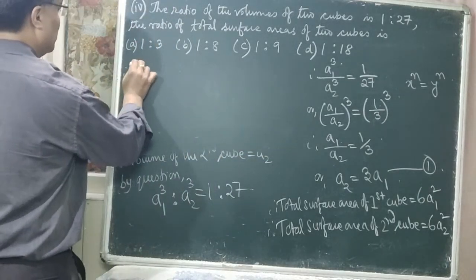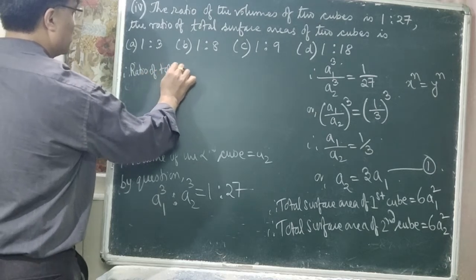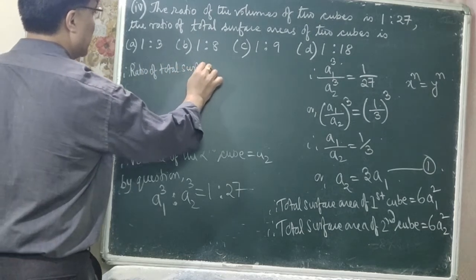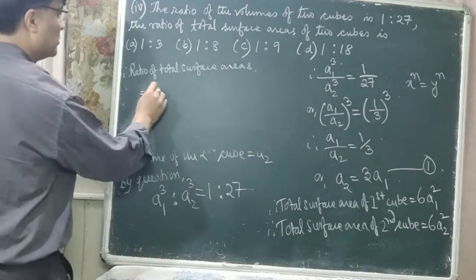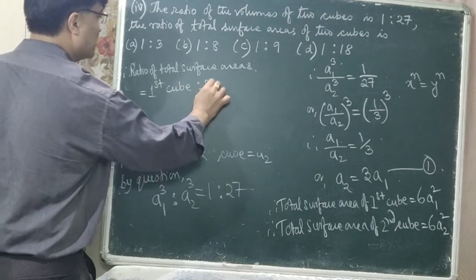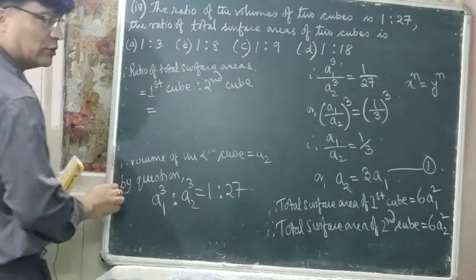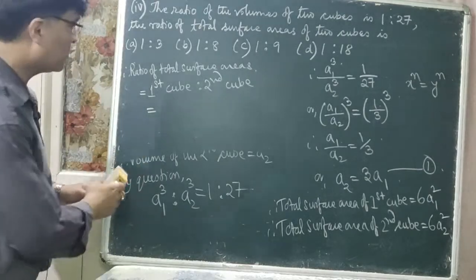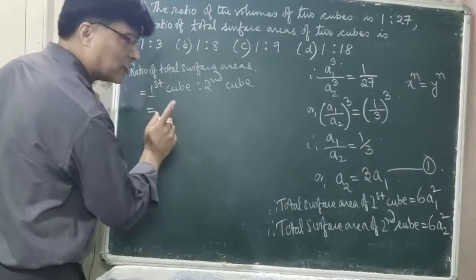So therefore, ratio of total surface areas is equal to first cube is to second cube. Or you can write it in terms of fraction also. So let us write it in terms of ratio now.